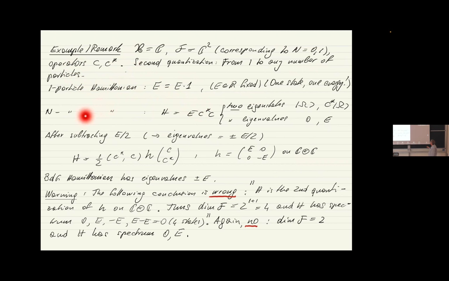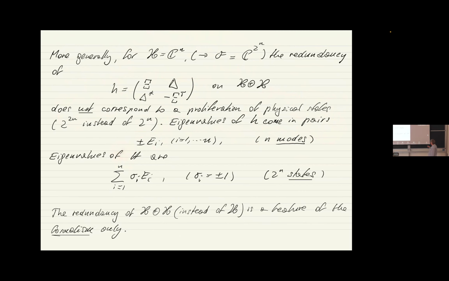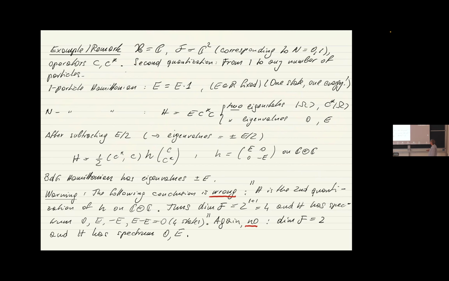And then if you look at the Fock space, you would write this one. So you have two eigenstates, the vacuum, and you add the one particle. And you have two eigenvalues, 0 for the vacuum, and this energy E for the only existing one particle state. And then we do what we did before. We subtract half of the trace. That's E over 2.